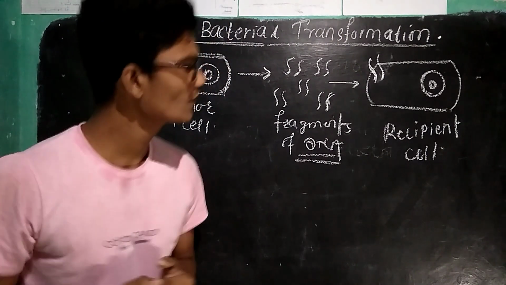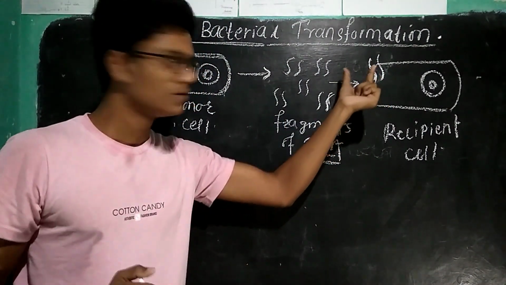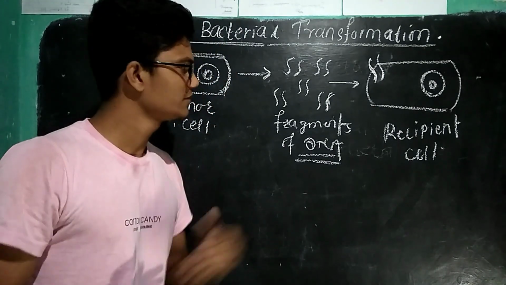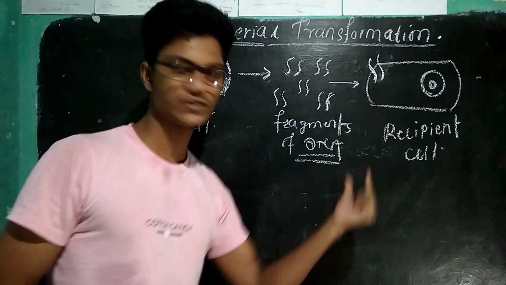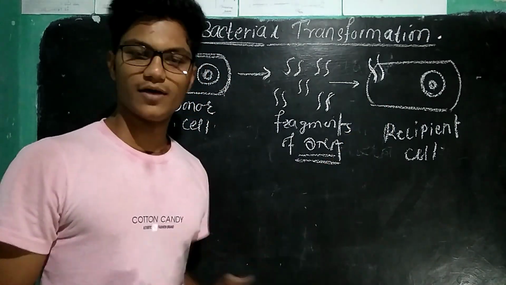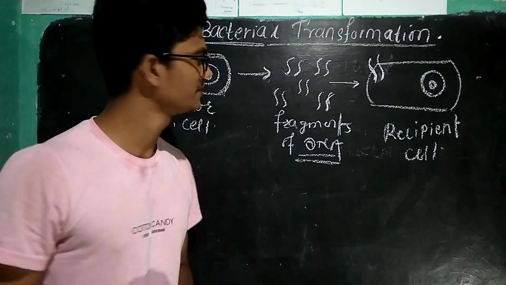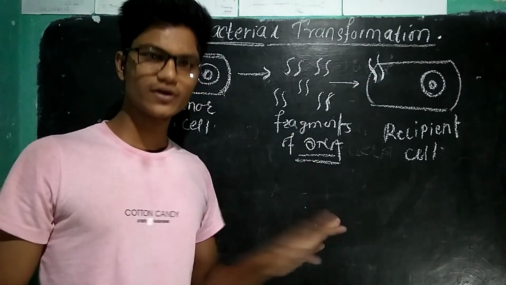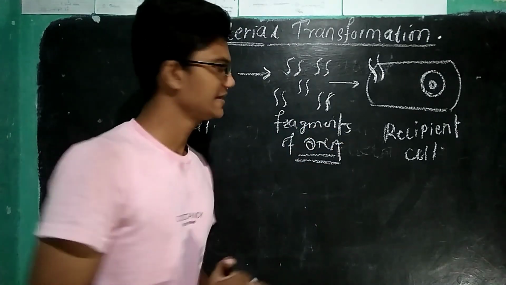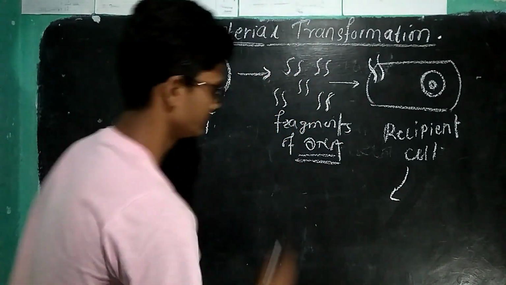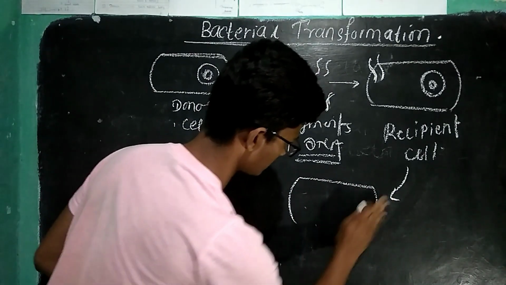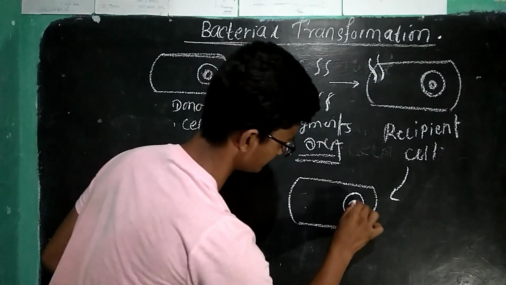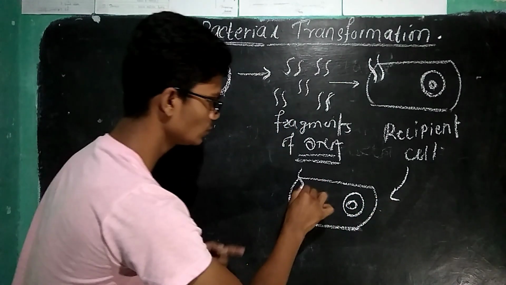After binding with the surface of this recipient cell, after some time these fragments go inside the recipient bacterial cell. Suppose this is the next step. This is the recipient cell DNA, and here are the two fragments.